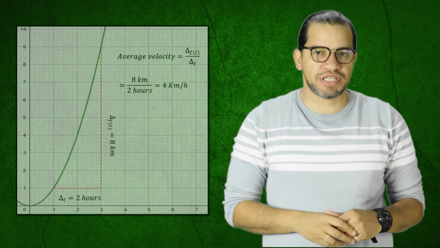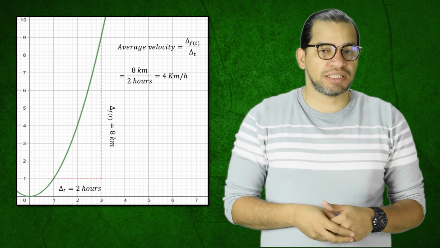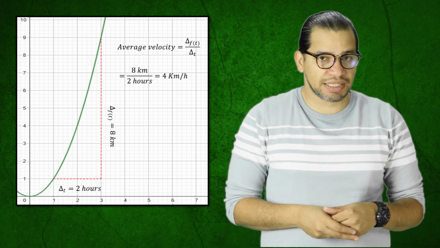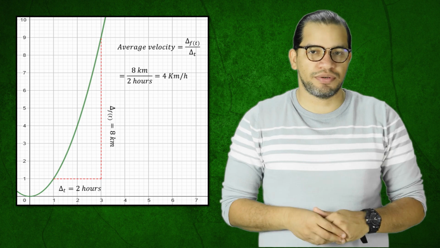Let us consider the motion of a particle described by the function f of t equals t squared, where t represents the time in hours and f of t represents the distance traveled by the particle in kilometers.